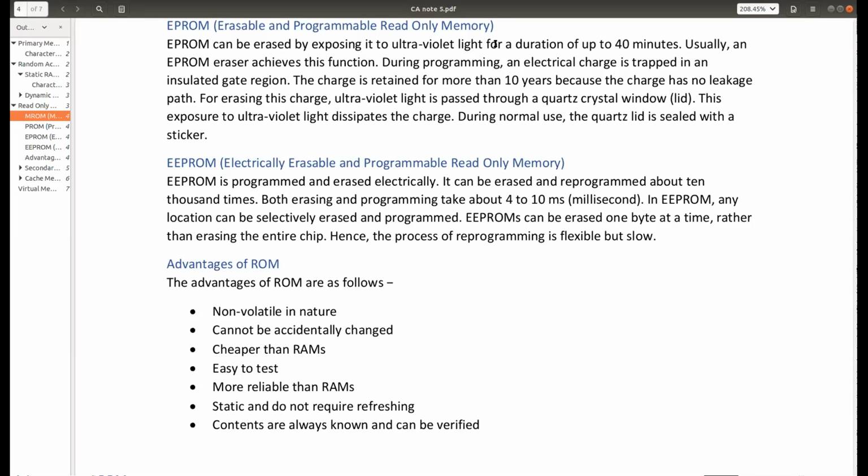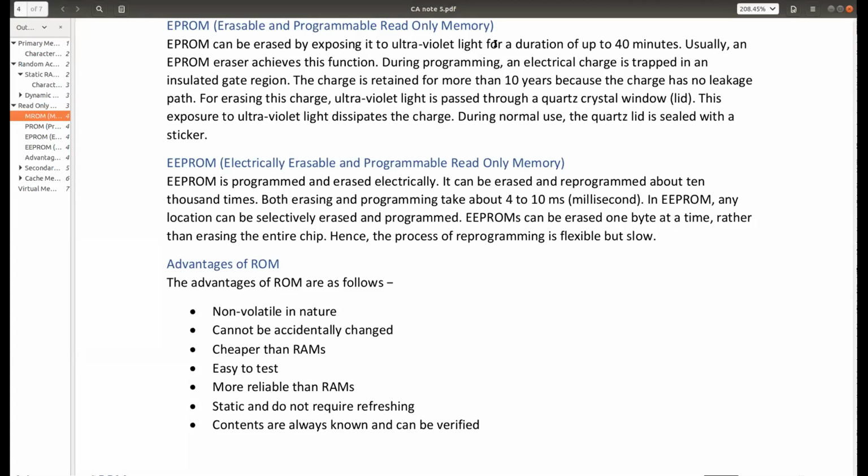If you see the time to erase and reprogram, in case of EPROM it needs 40 minutes, whereas in case of EEPROM it needs 4 to 10 milliseconds.